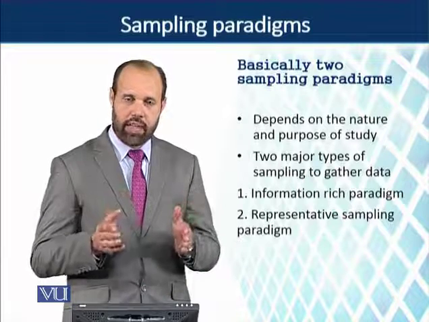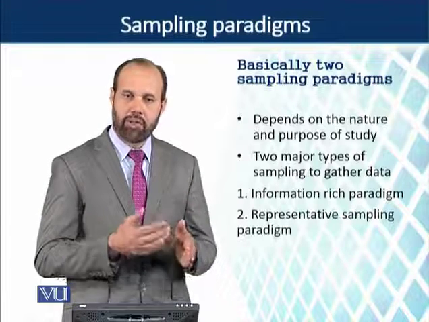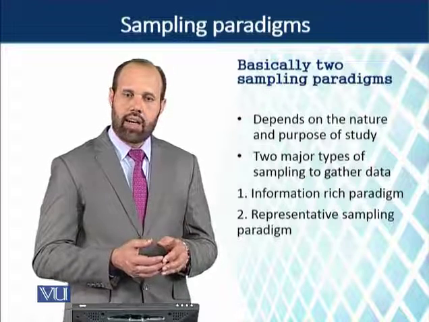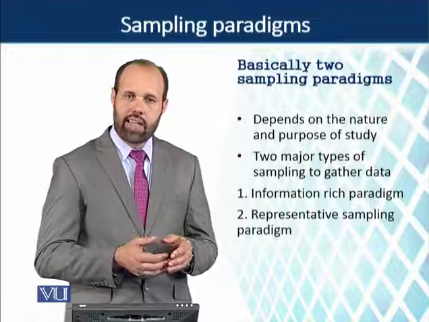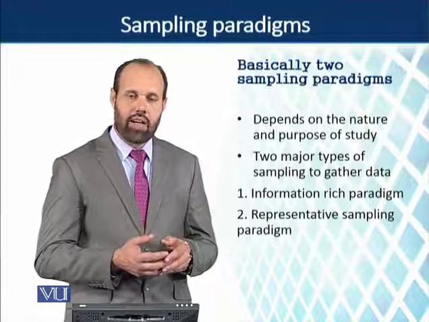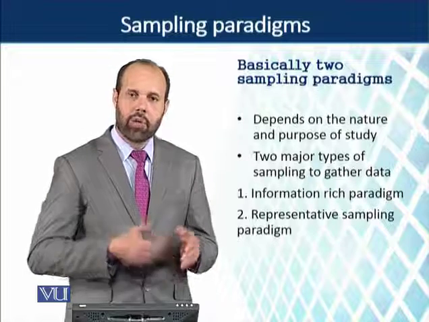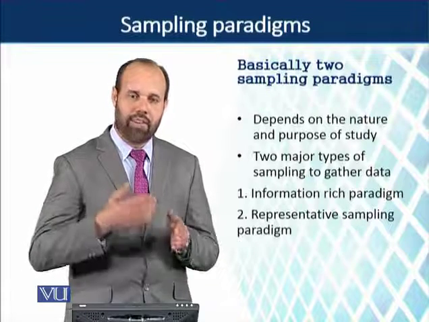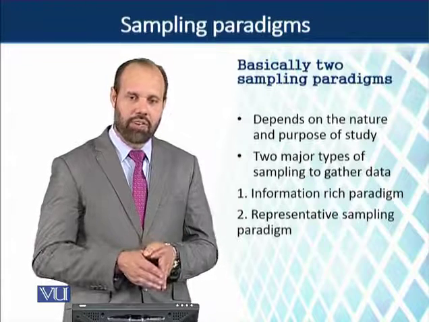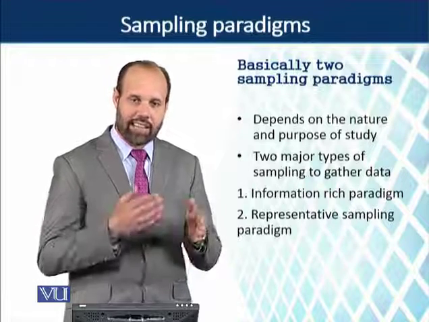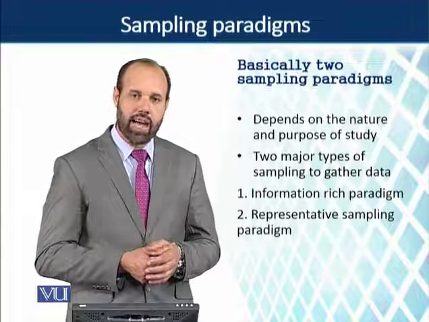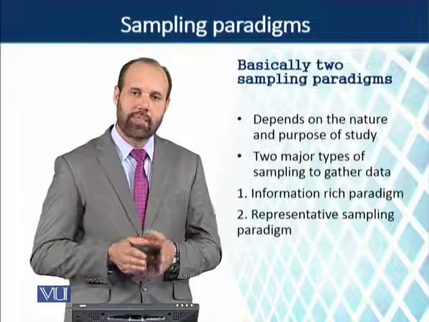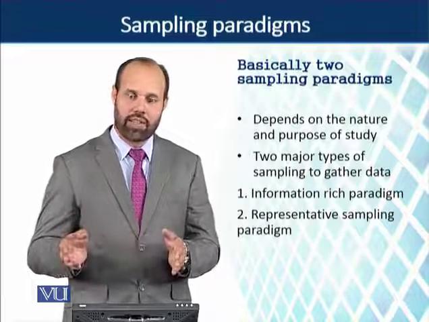Very simply, the information-rich paradigm is one through which we can sample based purely on the in-depth information required for the completion of the study. And the second paradigm is more concerned with the representation of a particular population, right?